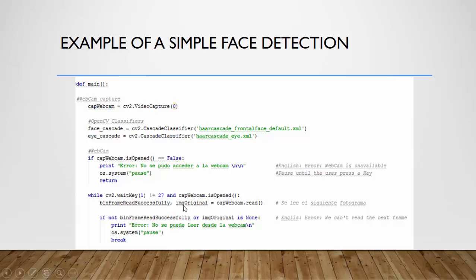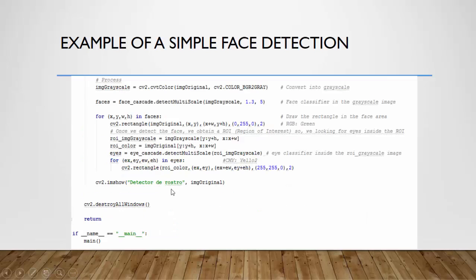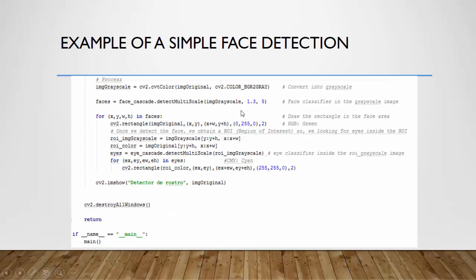So these are the instructions to start the webcam. Then we have the process. We have to convert the original image into grayscale and apply the face classifier to the grayscale image.